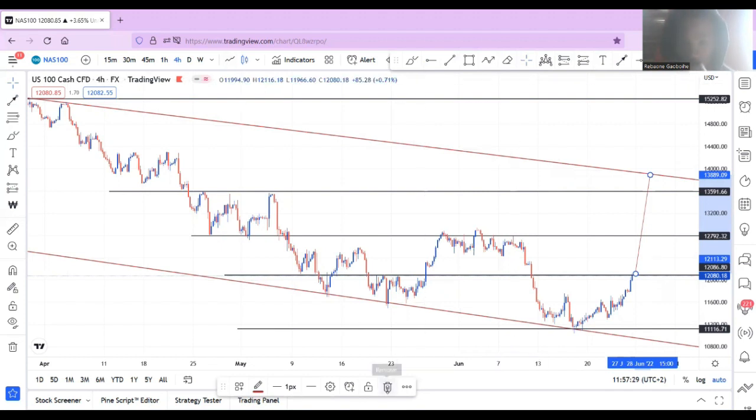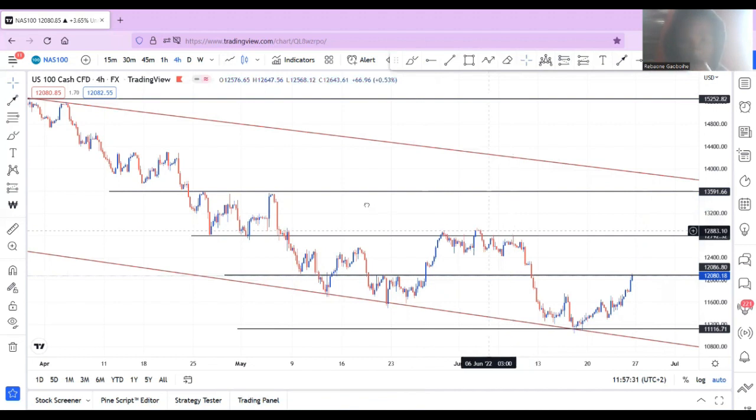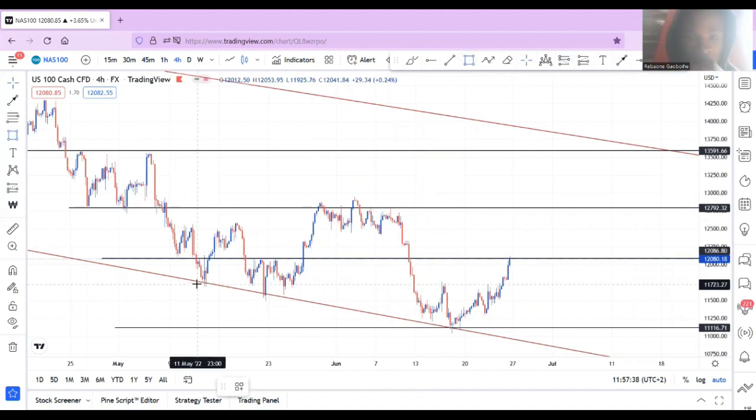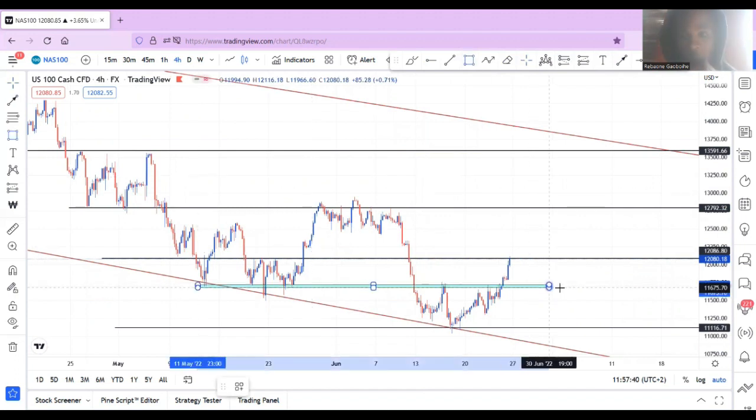So now we have our main thing, right? Even this area here is a sensitive area. We broke this area Friday, which means we are waiting for what?